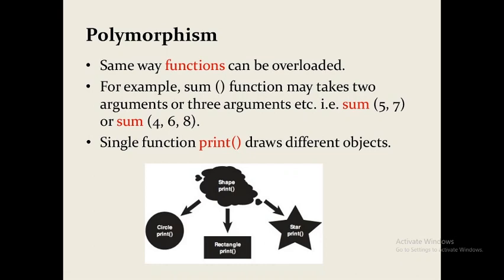In that case you need to remember the different function names, which can sometimes be a tedious or complex job for a programmer or a user, to remember hundreds of function names.